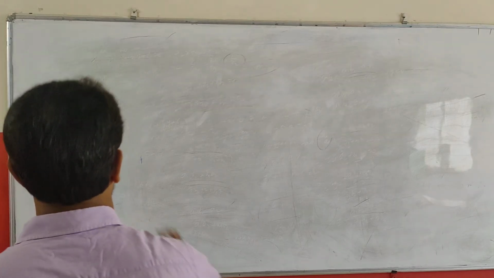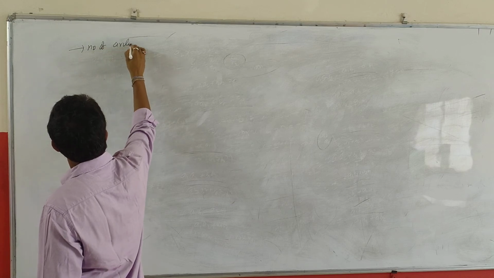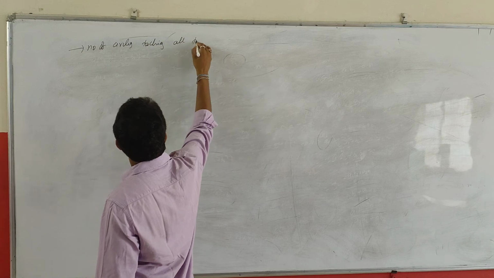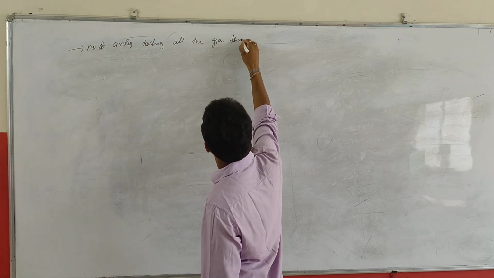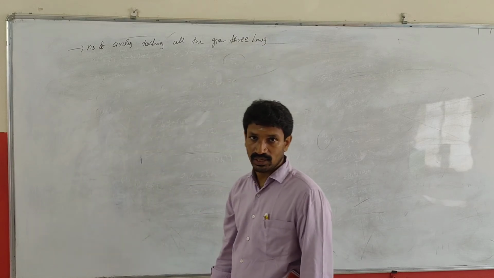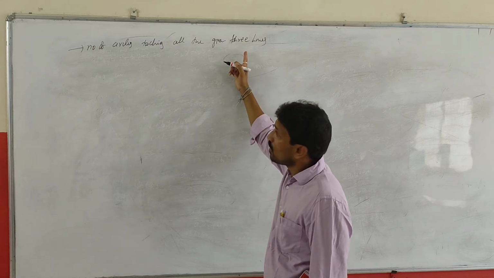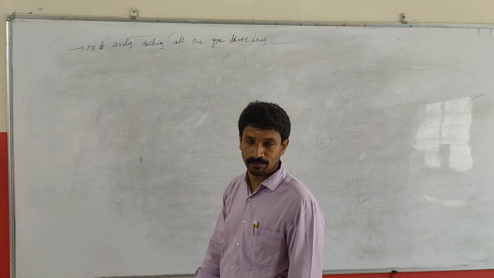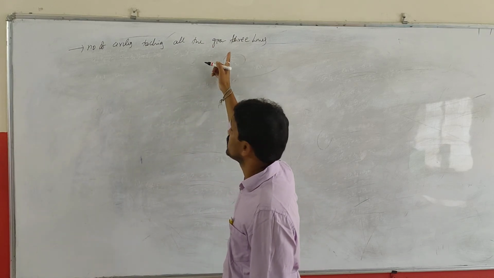Next one is the number of circles touching all the given three lines. How many circles can we draw for the given three lines? Every circle should touch all three lines.